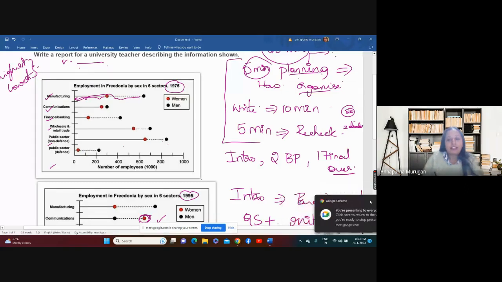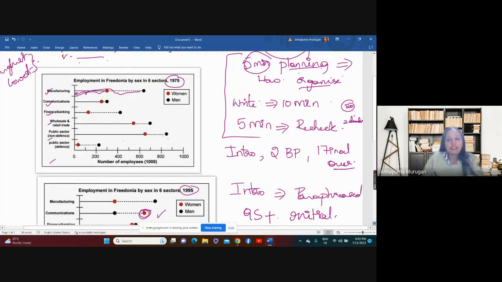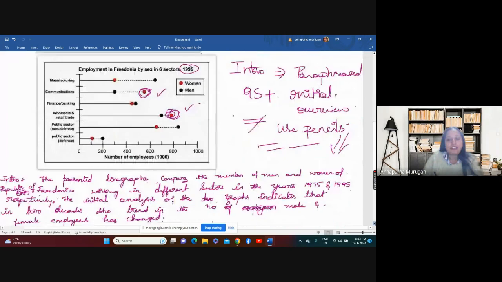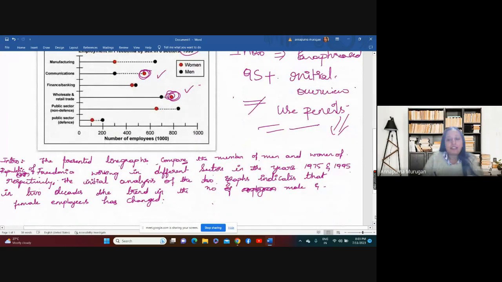Right. So now your introduction problem is gone, because most of the students come and say that, ma'am, we can write the body paragraph, but the only problem is the starting. Don't worry, this is the starting introduction. Also remember that the introduction is the face of your report writing, so give the best introduction.